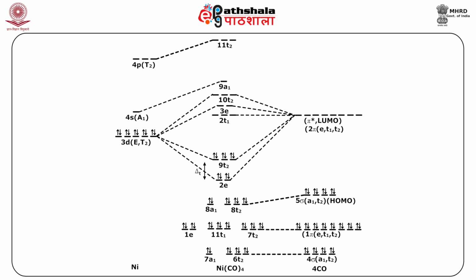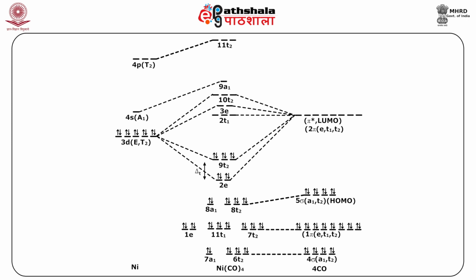capable of forming metal ligand pi bonds. The bonding pi orbital of the molecular orbital diagram is populated and is largely localized on the oxygen atom because oxygen is more electronegative in comparison to that of carbon.